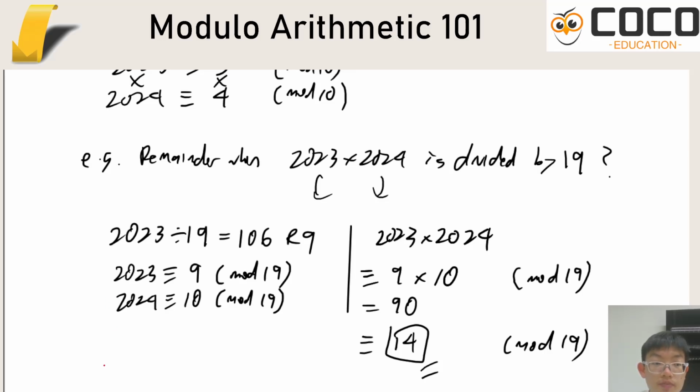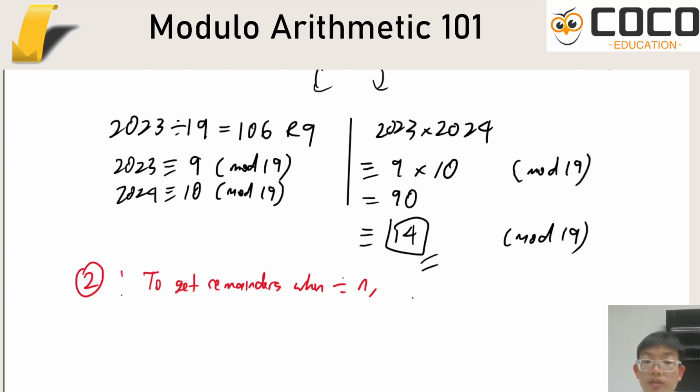So the second thing after you know the notation is that to get remainders when dividing by n, just reduce everything to a smaller counterpart mod n.